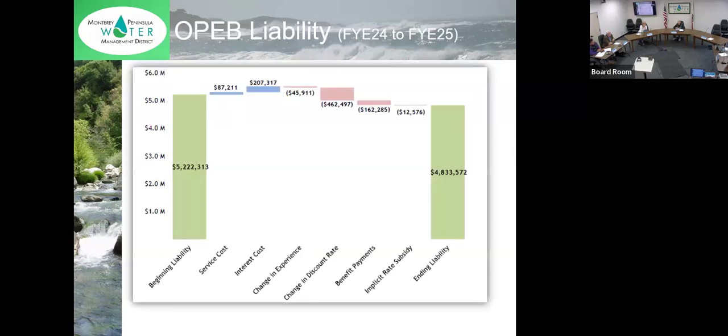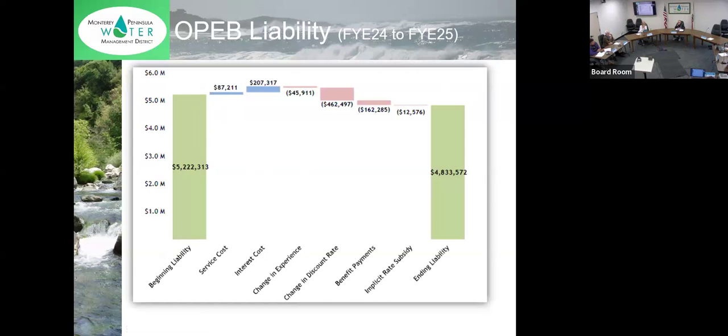And the liability that we have this year. So this graph shows the liability at the beginning of the year, the first green, and then the liability at the end of the year. And then there are small factors that are increasing or decreasing the liability. So our ending liability at this point is about 4.8 million on the retiree medical side.